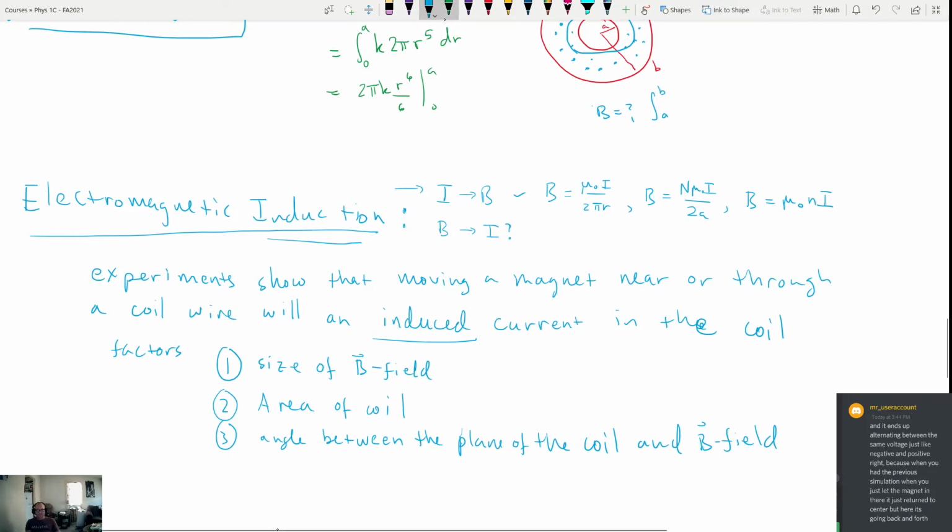And basically, if any of these three things change, then you're going to get an induced current.